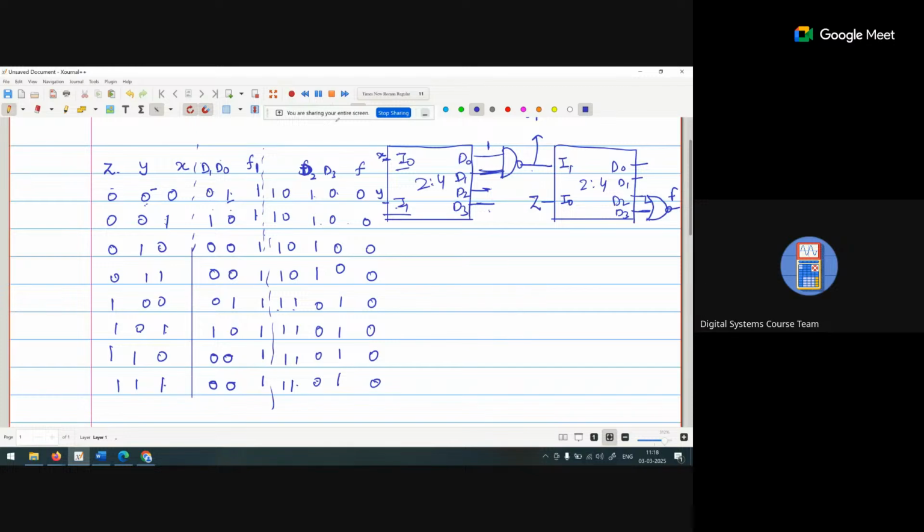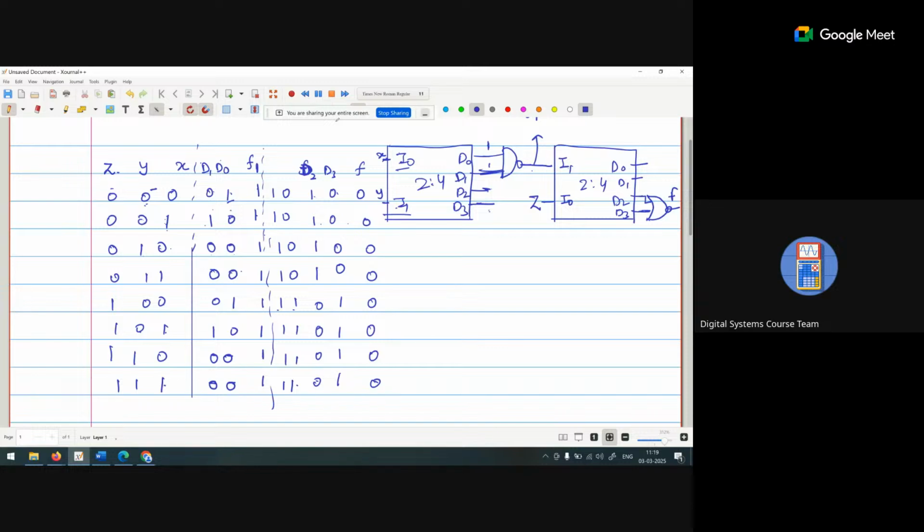I am considering only D0 and D1 because D2 and D3 are not used anywhere for F. Now when it is 0, 1, D1 is 1 and the rest are 0. When it is 1, 0, D2 is 1 and D1, D0 are 0. And when it is 1, 1, we get D1 and D0 as 0, 0 because D3 is 1, remaining will be 0.